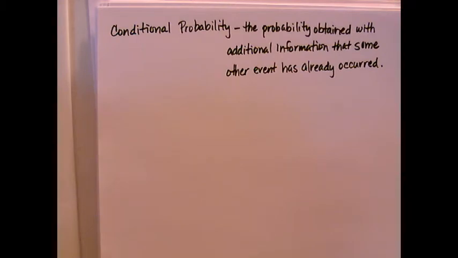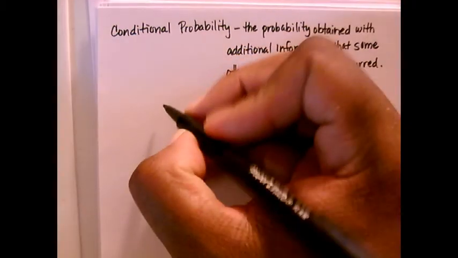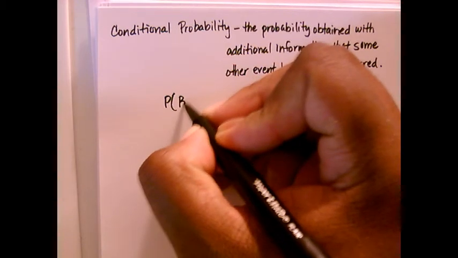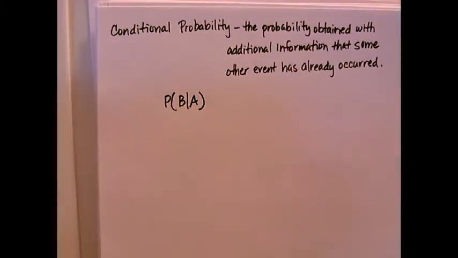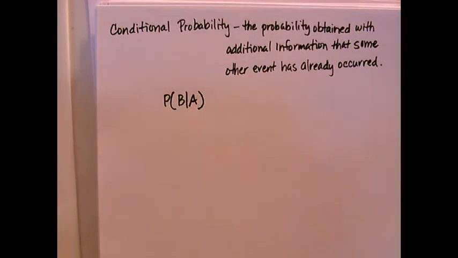It's a probability obtained with additional information that some other event has already occurred. Okay? And we use this notation: the probability B, with the vertical bar, and then A. That means the probability of event B, given that event A has already occurred, or you can say the probability of event B given A. Okay.